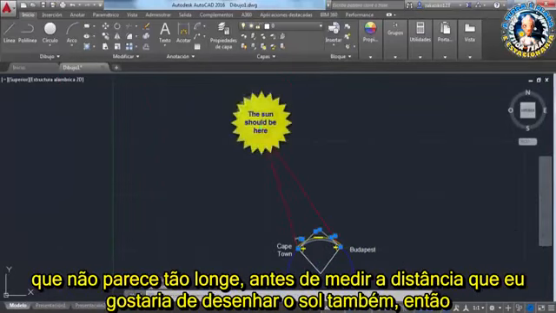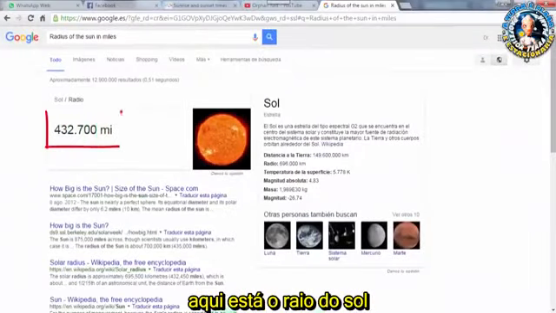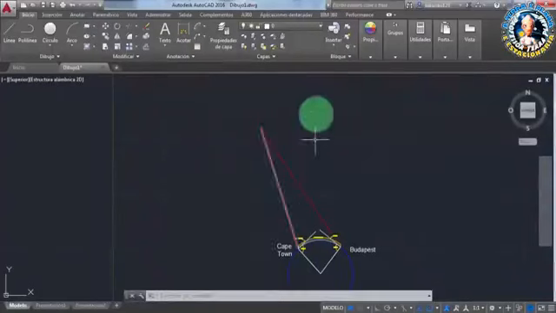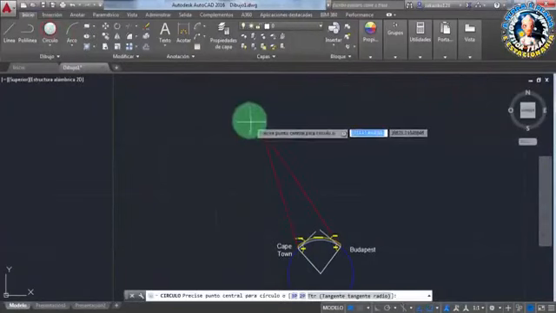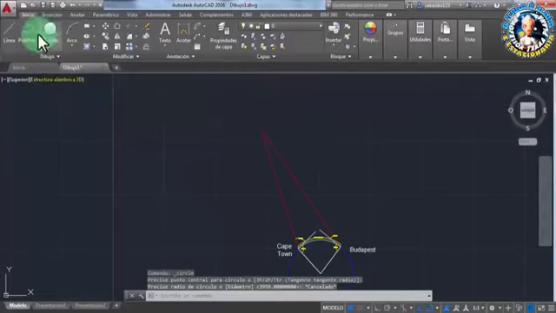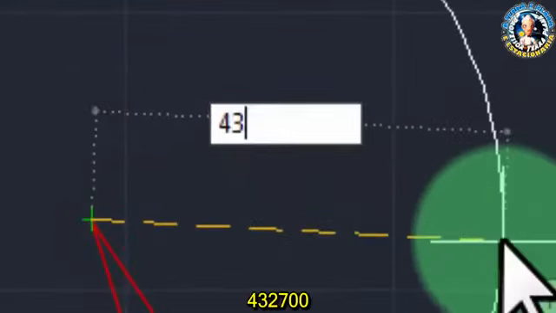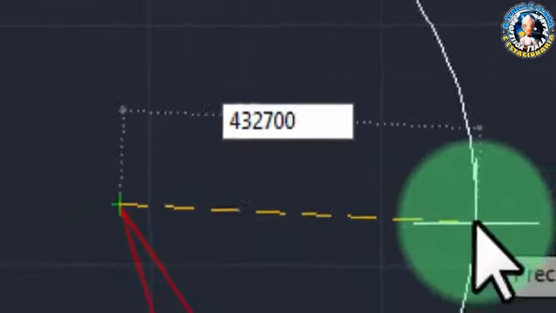Now let's see how far these lines are going to take us. It doesn't look so far. Before I measure the distance, I'd like to draw the sun too. So here is the radius of the sun: 432,700.